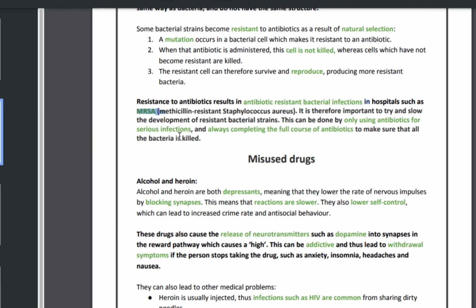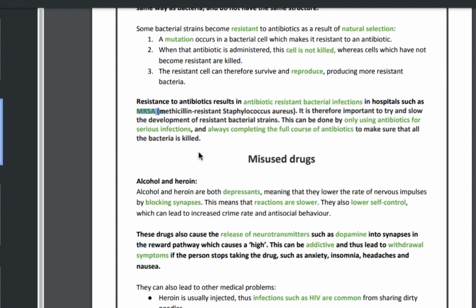If you do this, the bacteria will become resistant to your antibiotics, and then it will develop into what we call MRSA. And when you have MRSA, you have to be admitted to the hospital for treatment, because antibiotics can no longer help you. So you have to be admitted to the hospital.